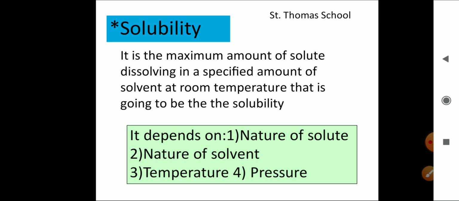Basically, what happens here, when sugar gets dissolved in water, then the sugar atoms or molecules get separated and they get attracted to water molecules or they interact with it. Understood or not?